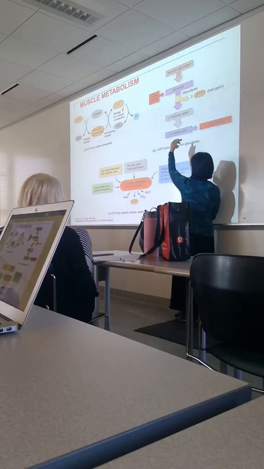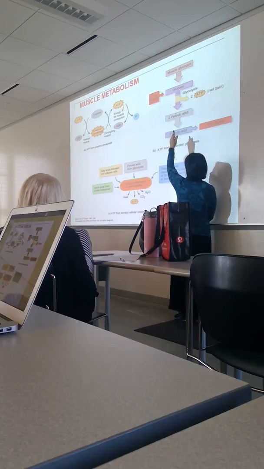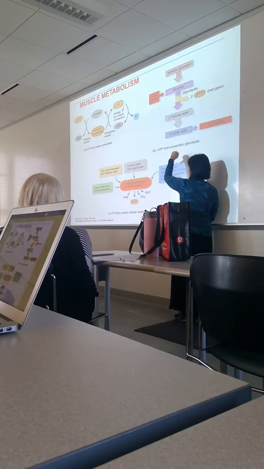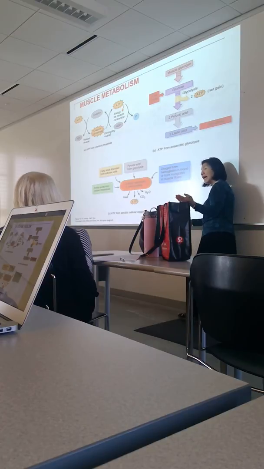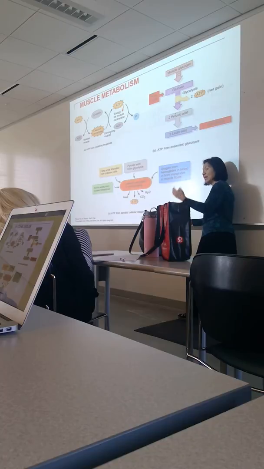Because if you're exercising and you're using up all the sugar in your muscles, what do the muscles have to do? They have to replenish their storage. How do they replenish? They grab the sugar that's in the blood. That's how exercise lowers the blood sugar. That's why exercise is good for diabetics.